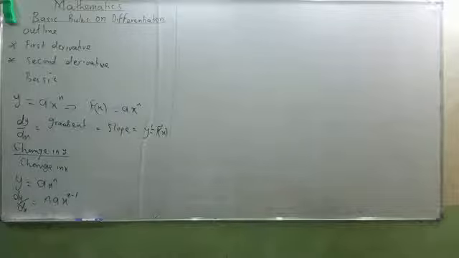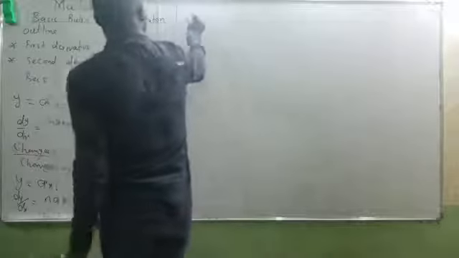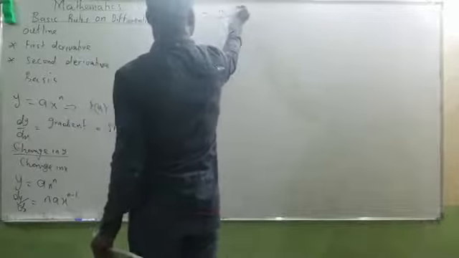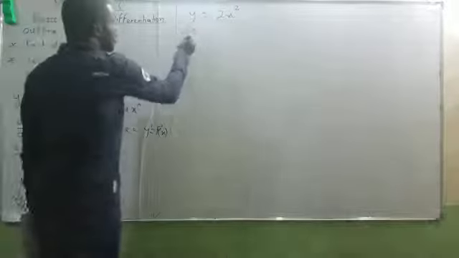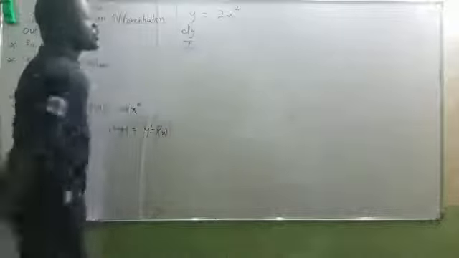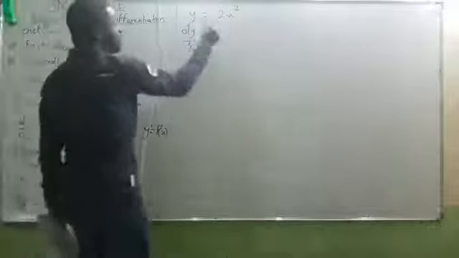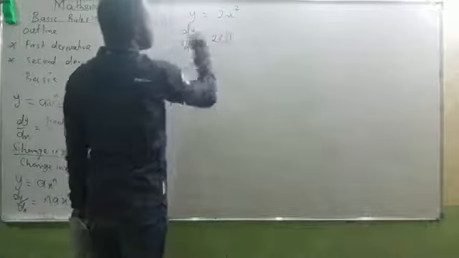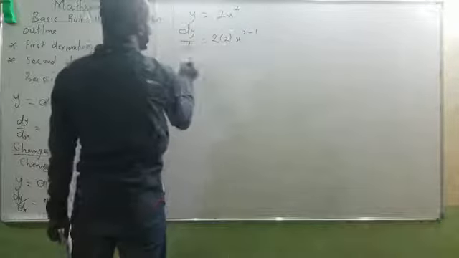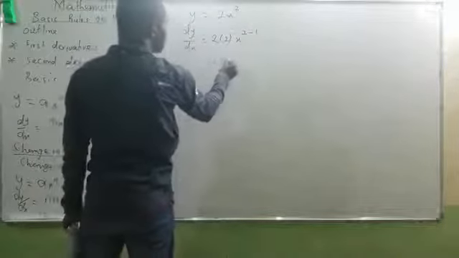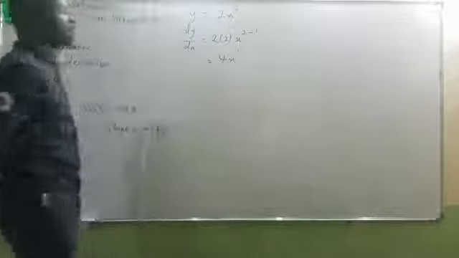Now, that will take me to y equals 2x squared, for instance. Now dy/dx, or we can call it gradient, anyhow you call it, will be equal to, bring down the power 2 multiplied by 2, x raised to power 2 minus 1, which will be equal to 4x raised to power 1. Take note of that.